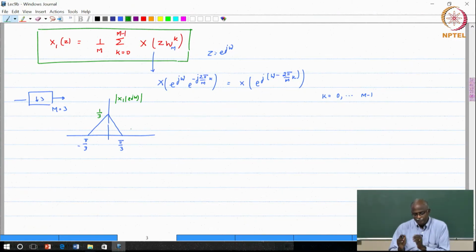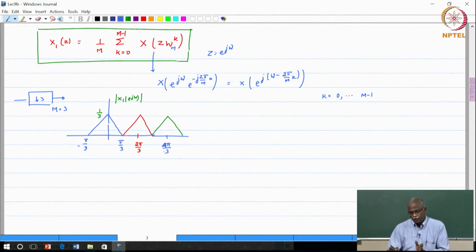The spectrum for k equal to 0 is the original spectrum. Then for k equal to 1, we get a copy of the spectrum shifted and centered around 2 pi over 3. And then for k equal to 2, we get another copy of the spectrum shifted to 4 pi over 3.